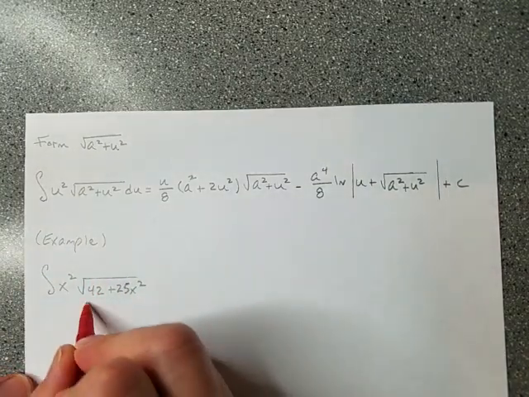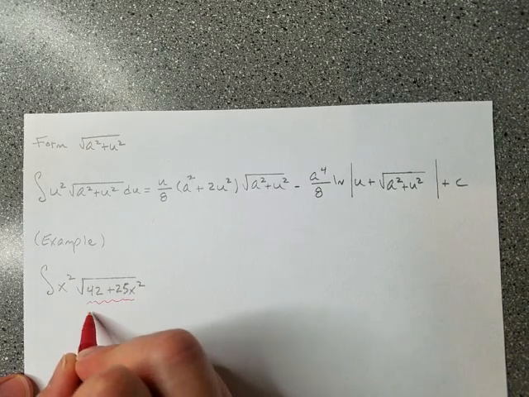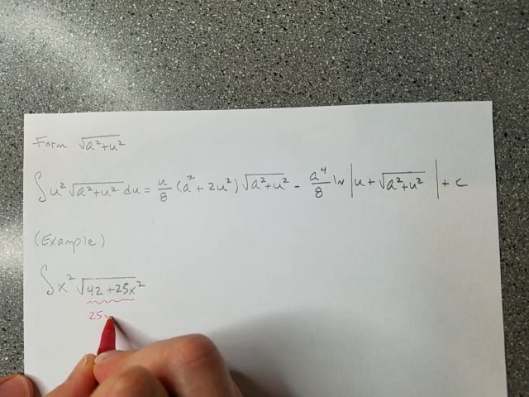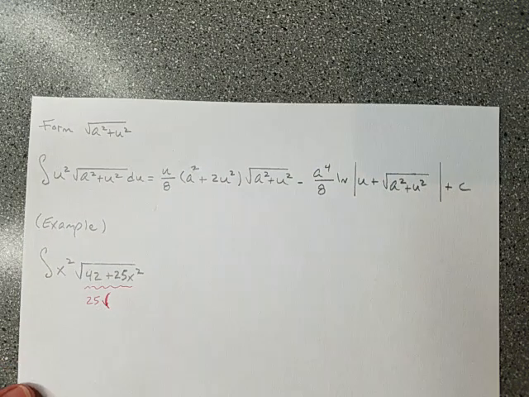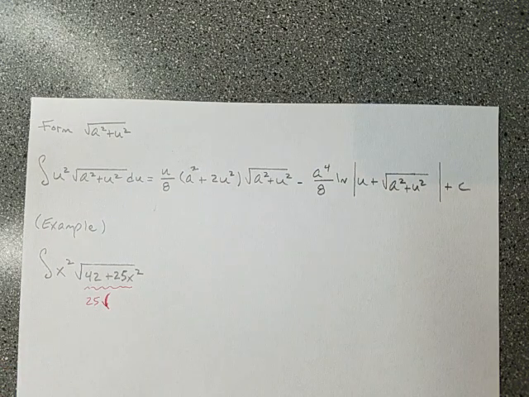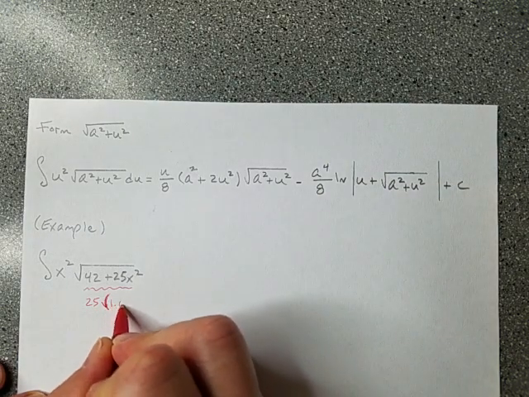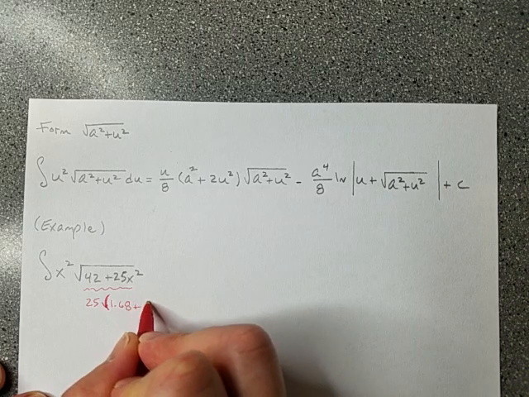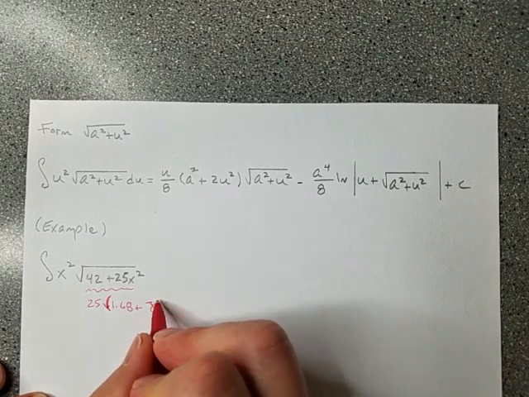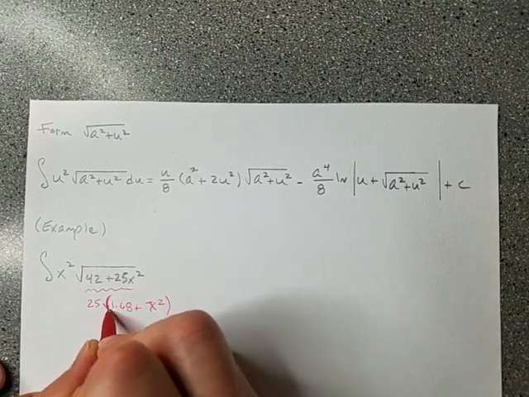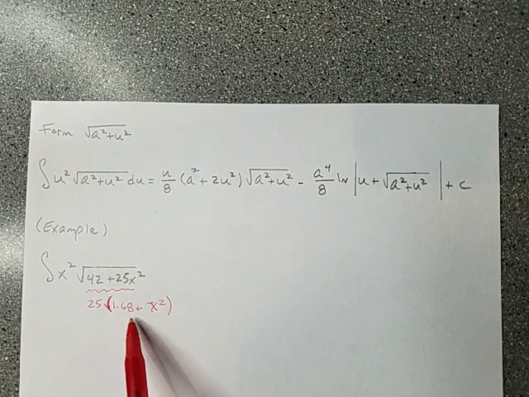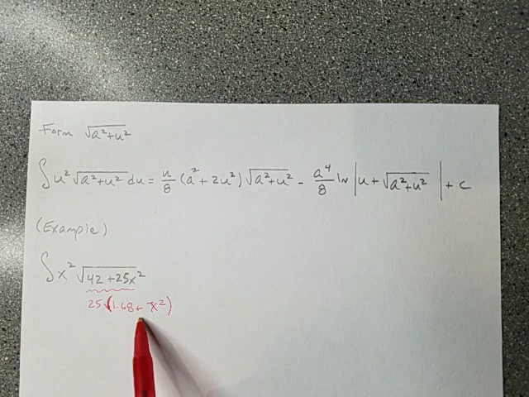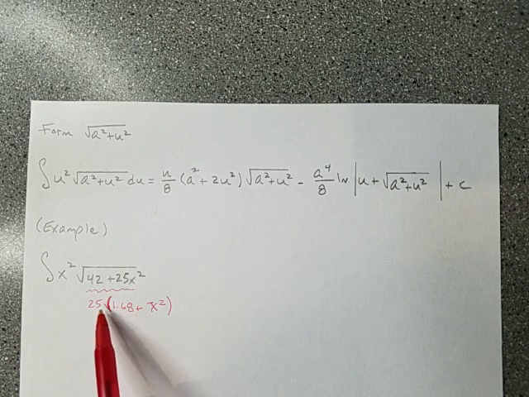So suppose I factor out the 25. 25 times, I don't know what 42 over 25 is, that would be 1.68, so we'll get 1.68 plus x squared. So that's what's under the root: 25 times 1.68 plus x squared, if I factor out 25.